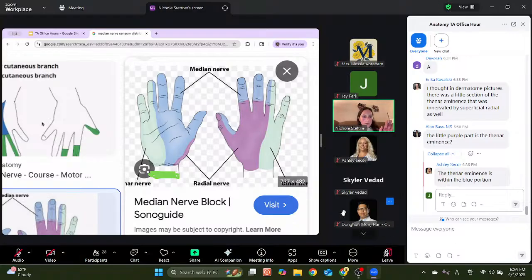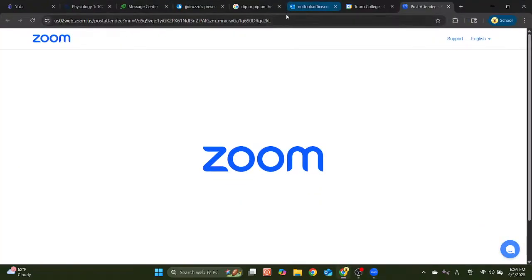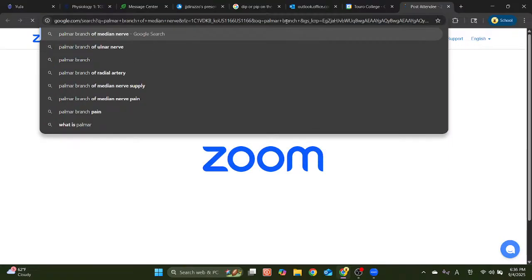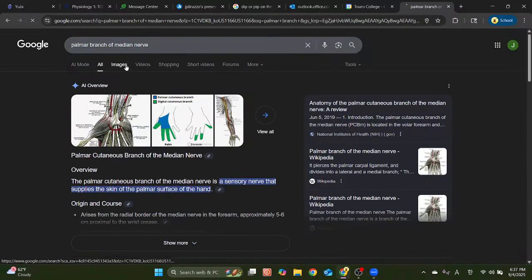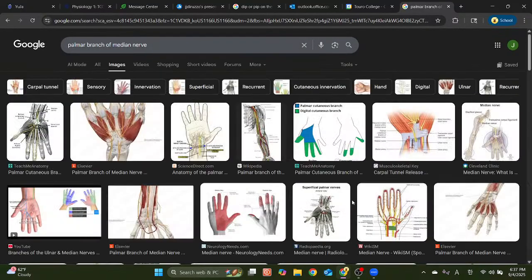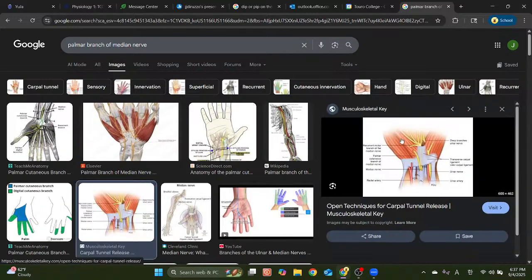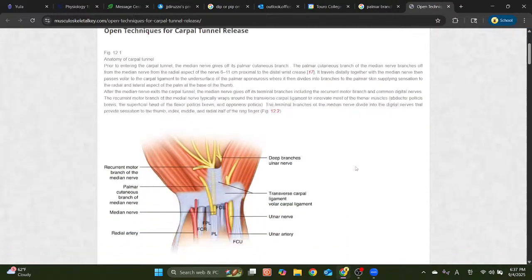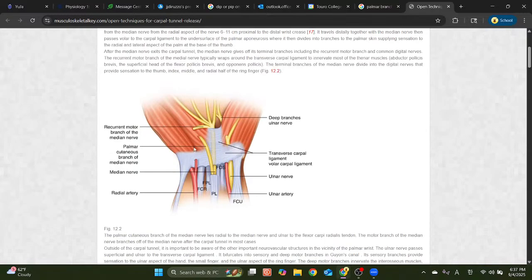So the regular median nerve goes down and goes under the retinaculum and does all its stuff. But then there's a lovely branch, the palmar cutaneous one, that splits off right before it and goes above the flexor retinaculum, and that's what provides sensation to the thenar eminence here.